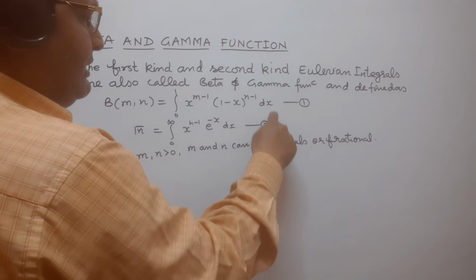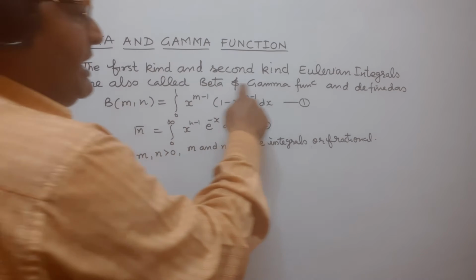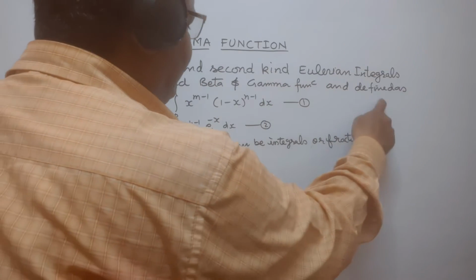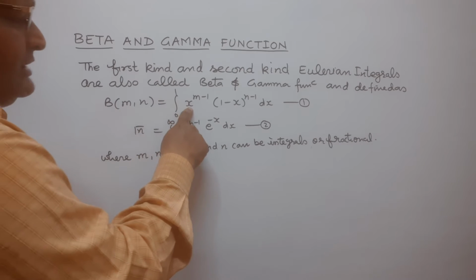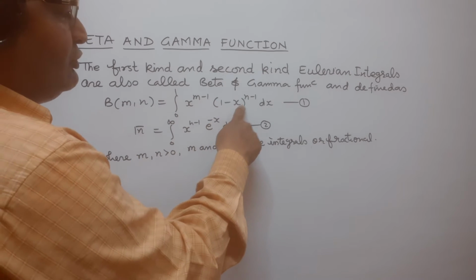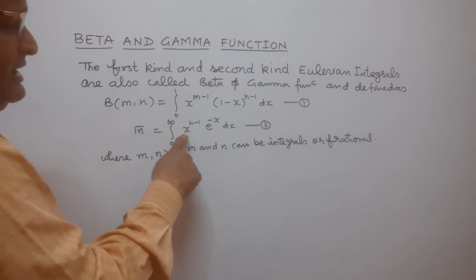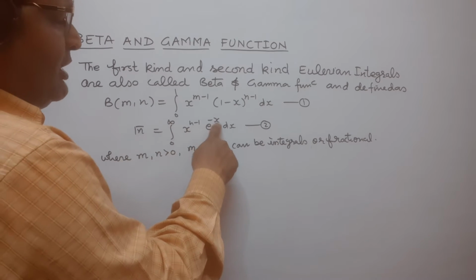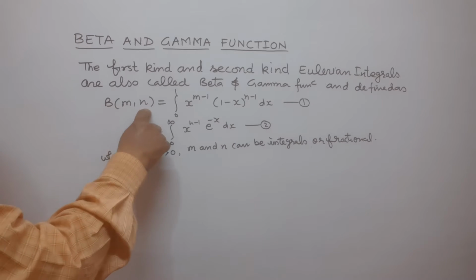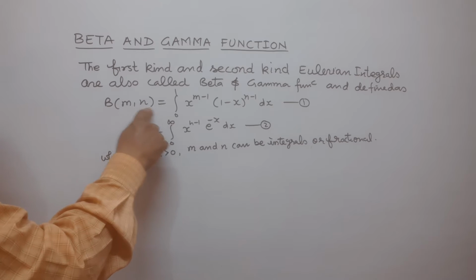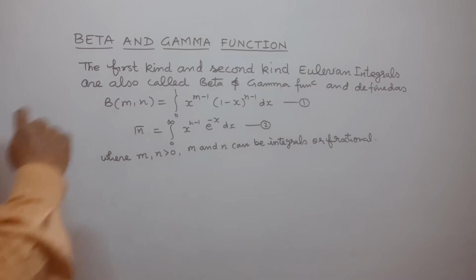So these Eulerian integrals of first kind and second kind are also called beta and gamma function and defined as beta m, n is equal to integral 0 to 1 x to the power m minus 1 times (1 minus x) to the power n minus 1 dx, and gamma n is equal to integral 0 to infinity x to the power n minus 1 e to the power minus x dx. Here the beta function is read as beta m, n and the gamma function is read as gamma n.